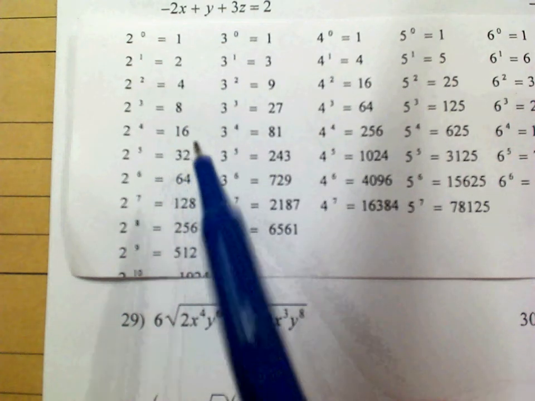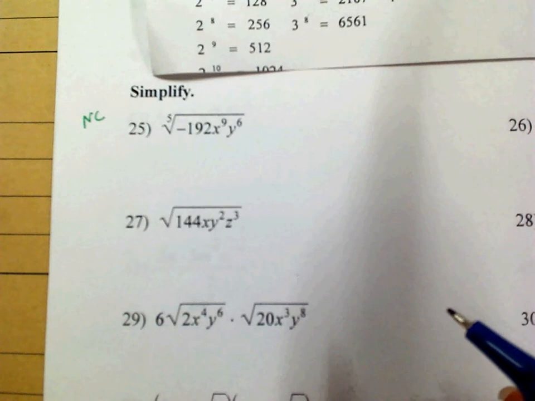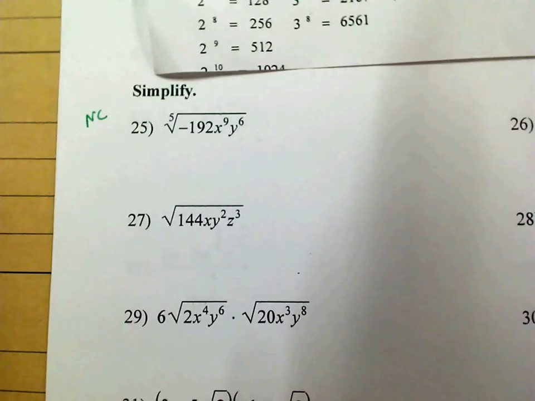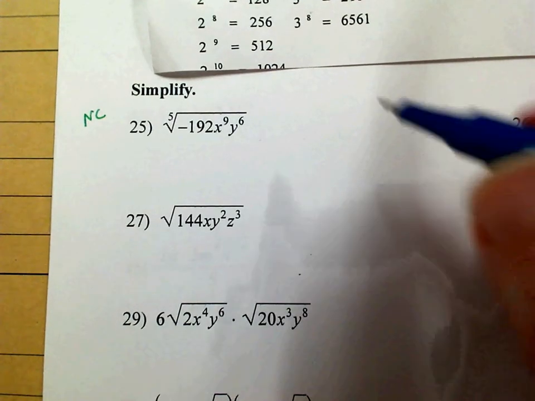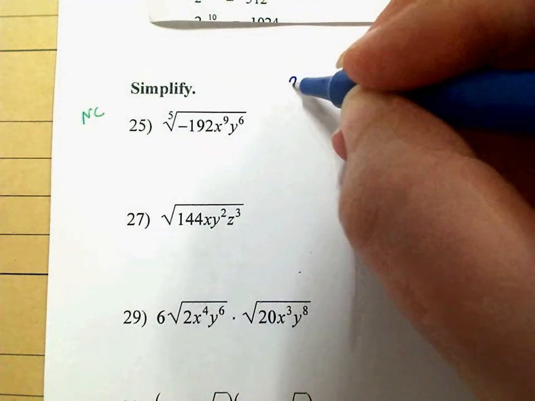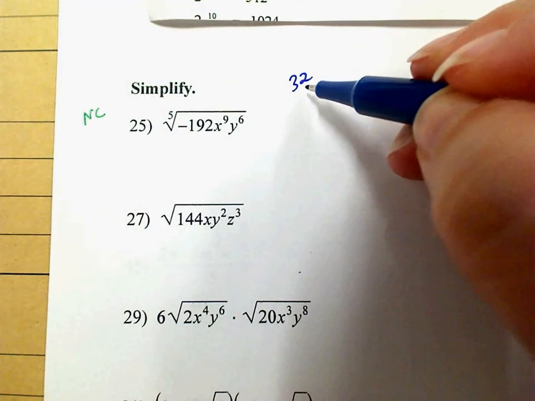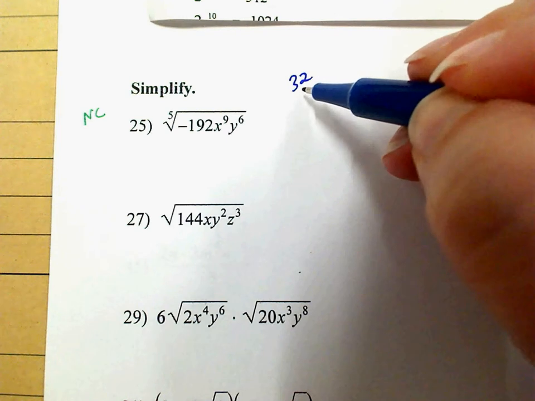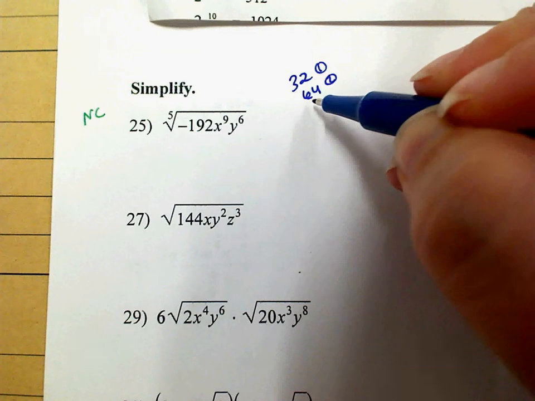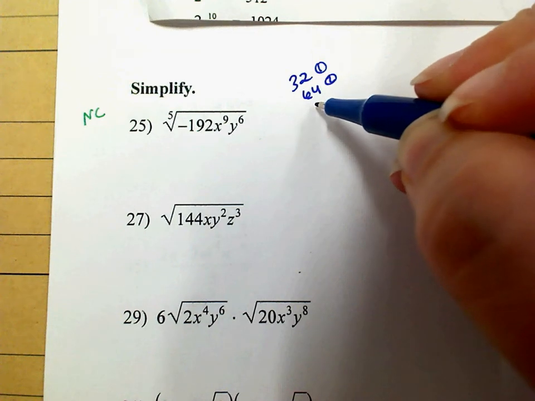I could start multiplying things around. We don't have a calculator, so I know that 32 times 2 would be 64. Add another 32, and that would be 96.